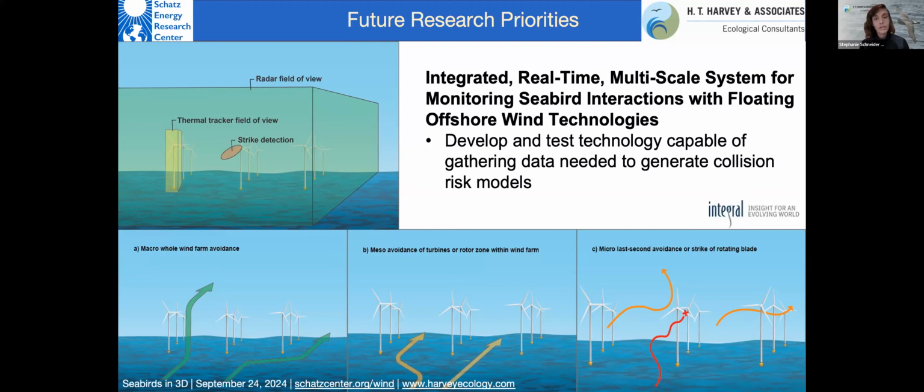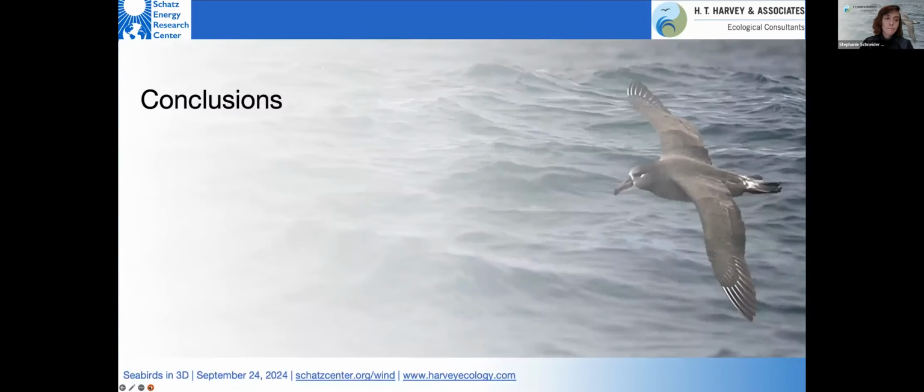All of these different scales of understanding avoidance of birds is going to help us predict better what we expect might collide with these structures in the future. So we have been working on this funding with all these sensors to bring them together and find out all that information. So with that, I will pass it back for conclusions.